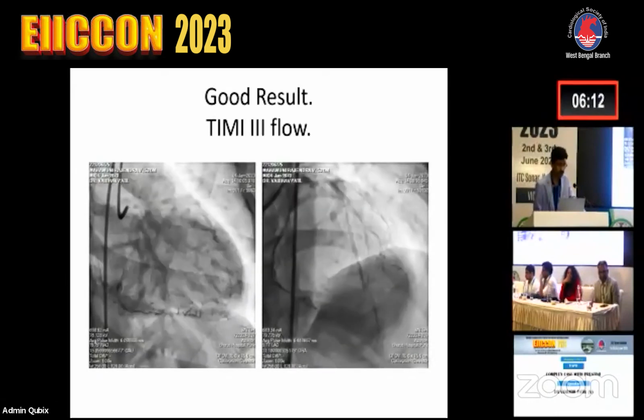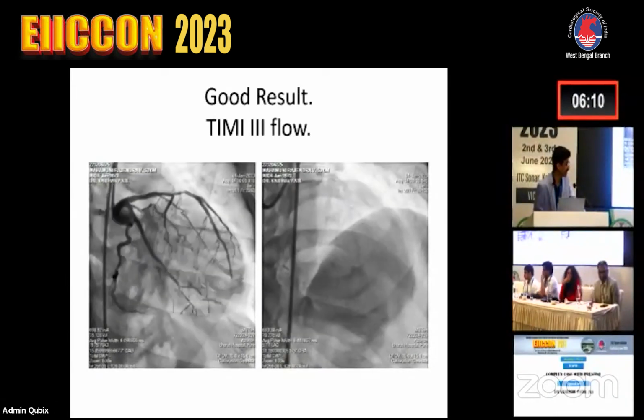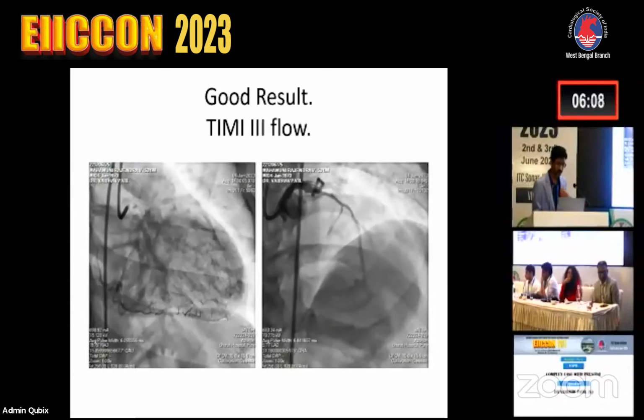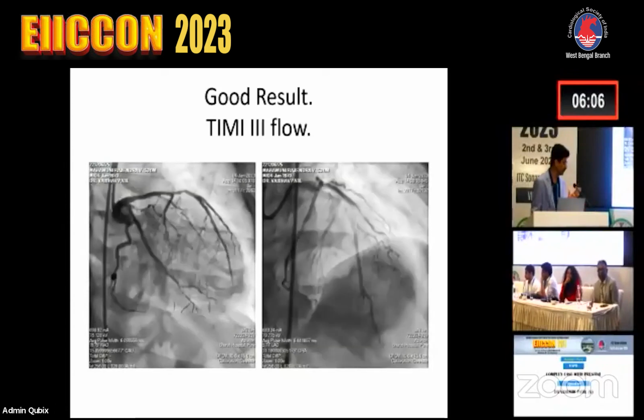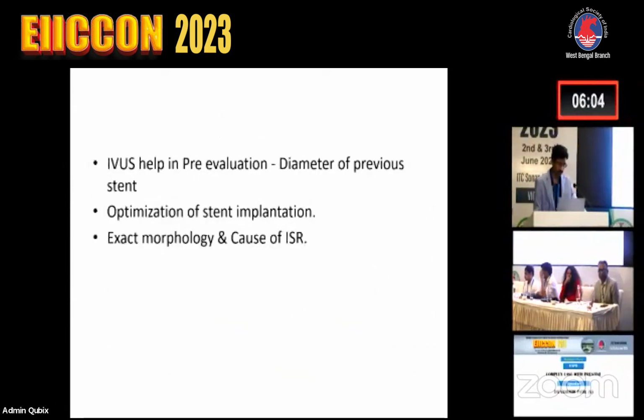The previous stent on paper was mentioned 3 into 16, and what I have put is 2.75 into 40. So IVUS helps in pre-evaluation of the diameter of the previous stent, and optimization of the stent implantation. The exact morphology and the cause of ISR we come to know, and the exact diameter for the next stent I have chosen with the IVUS optimization. This is the first.